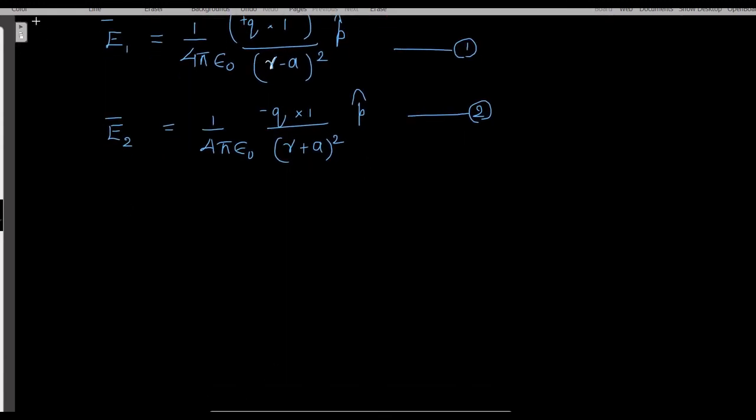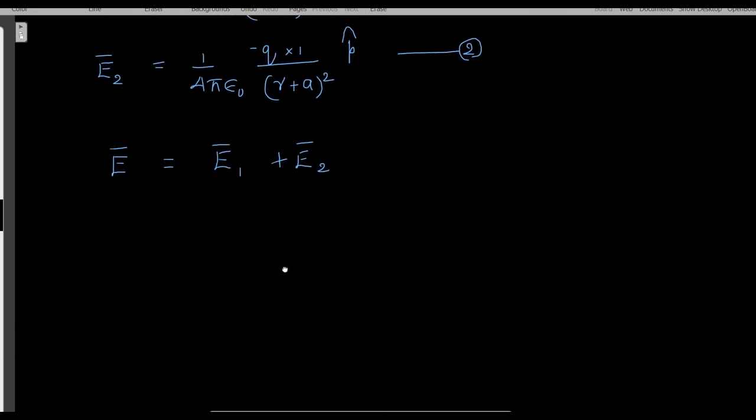So resultant force, let us write here resultant field, since we are using a unit positive charge. So instead of force we can call it field also. So the resultant field at P is the vector sum of E1 and E2. Already we had written what E1 and E2 are.